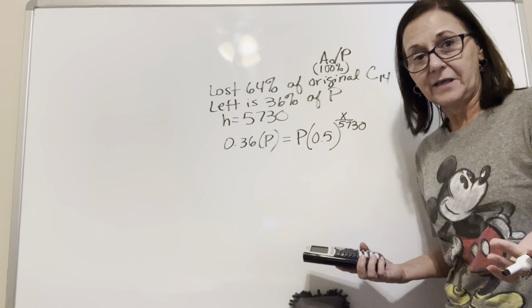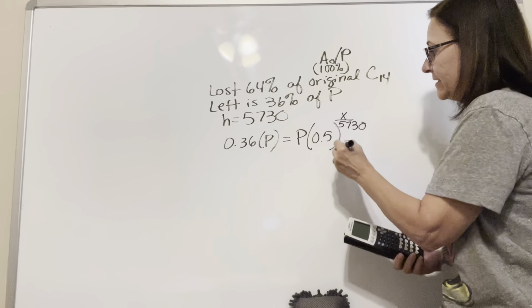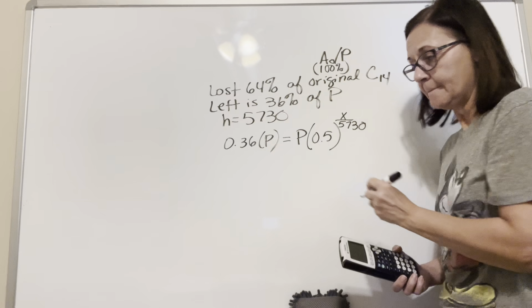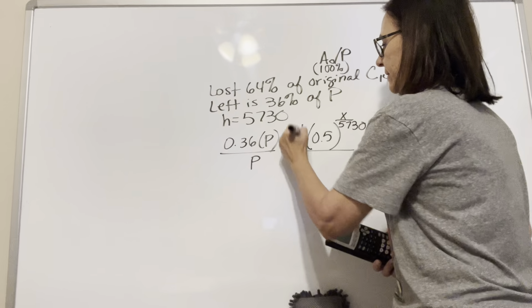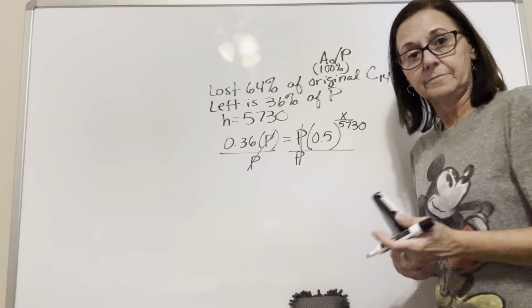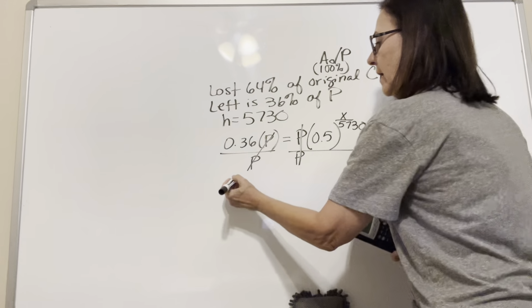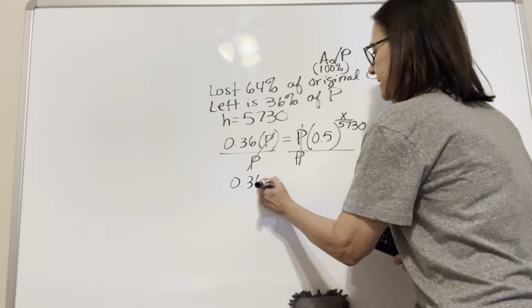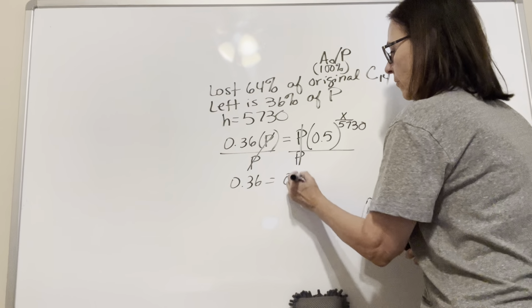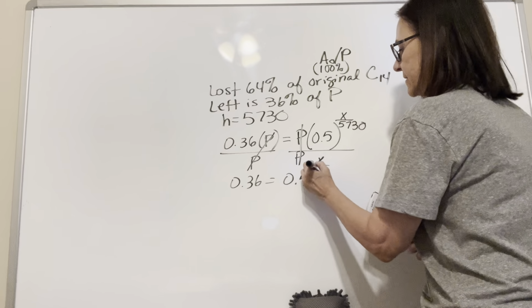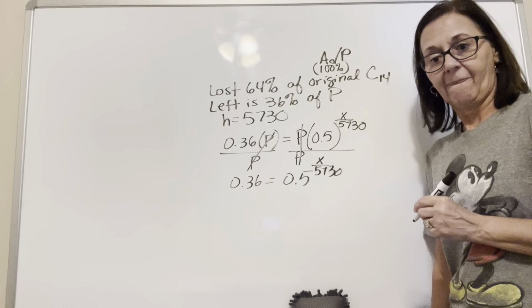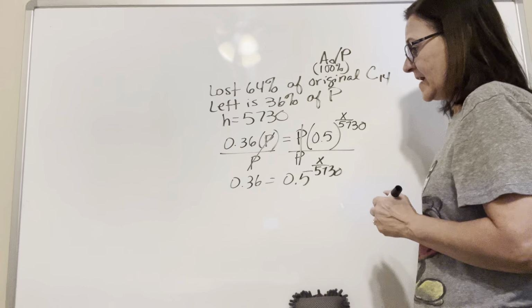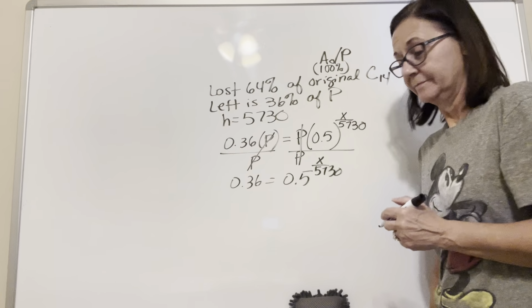I'm going to do the same thing to try to isolate this x. So P is multiplied by it, so I'm going to divide both sides by P. My P's eliminate. I'm left with 0.36 equals 0.5 raised to the x over 5730. All right. I'm going to use logarithms.